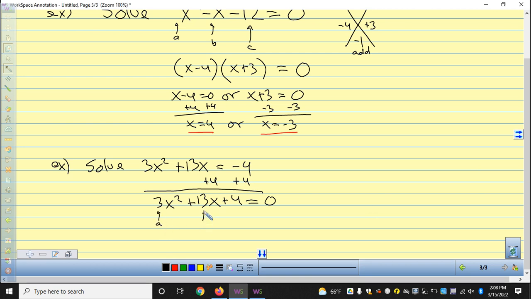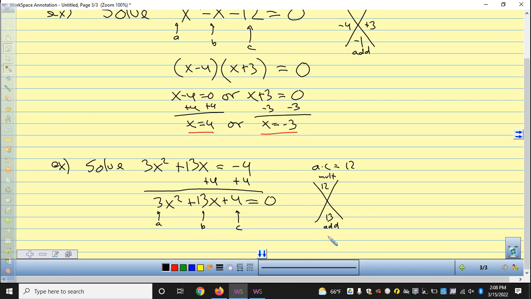A is 3, B is 13, C is 4, A times C is 12. So I'm going to set up my cross. Our numbers that we pick are going to multiply to 12 and add to 13.